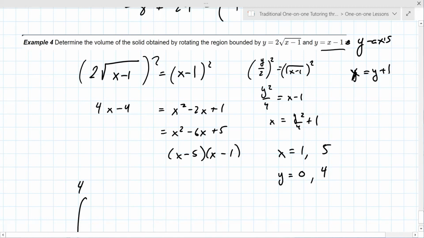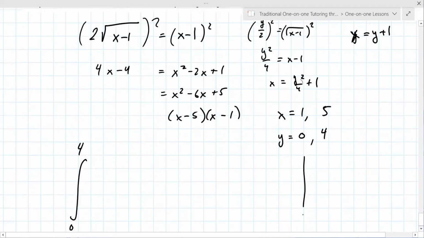To figure out which one is right and which is left, you pick a number for y between 0 and 4, like 2. This gives you 3. This one is 2 squared over 4, which is 1, plus 1 is 2. So you can see that this one is actually more right than the other value. If you get the same number, it means you made a sign error.